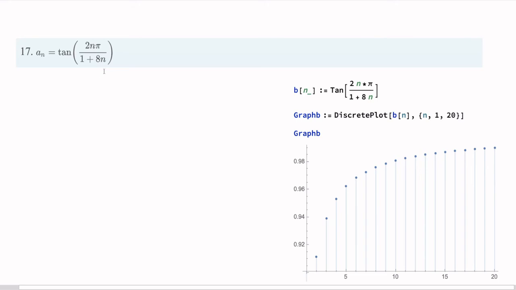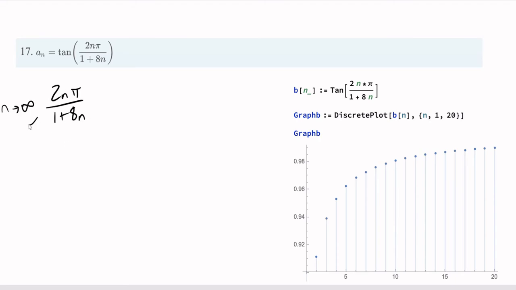Okay, tangent. Uh-oh. This might be a little scary, but we've got ways to deal with this. First things first, here's what I want you to do. Just focus inside. What do you think is going to happen as n gets big here? n goes to infinity. What's this doing? Well, 2 to the n is going to get really big, 8 to the n is going to get really big, but they're both a single power of n.